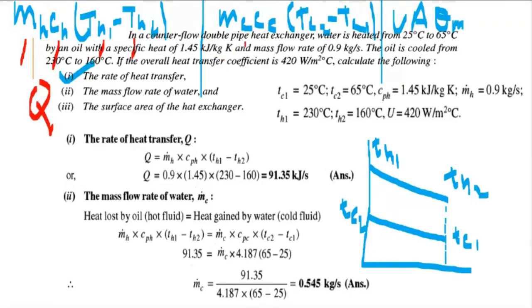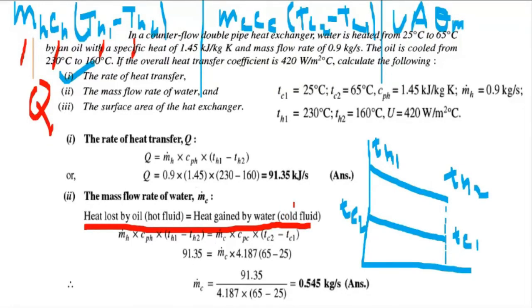Sir, I have a doubt. Yeah, please ask. Sir, there is a statement that heat lost by the oil is equal to heat gained by the water. Yeah, correct. Yes, sir, but if I see the difference between 25 to 65 and 230 to 160, both are not matching, sir.